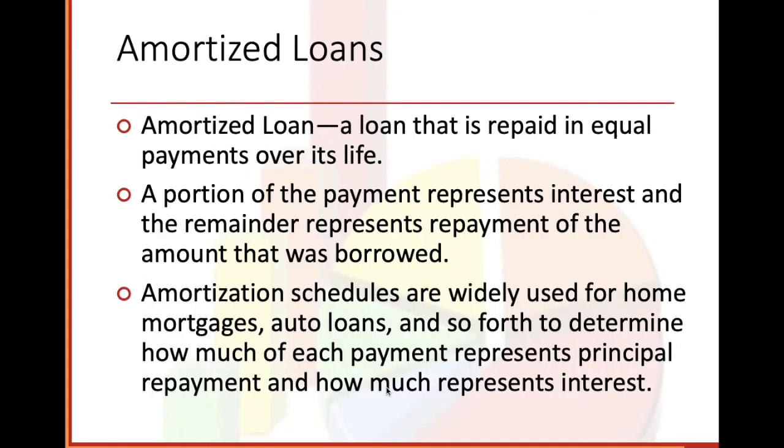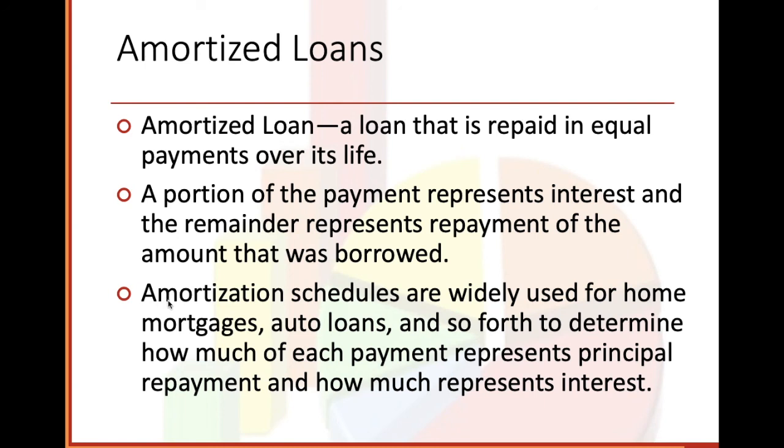Amortized loans. An amortized loan is a loan that is repaid in equal payments over its life. A good example of this is your car payments, if you finance a car or truck. A portion of the payment represents interest and the remainder represents repayment of the amount that was borrowed.